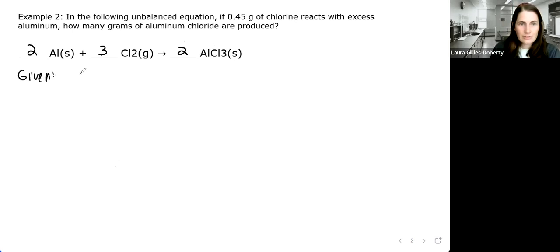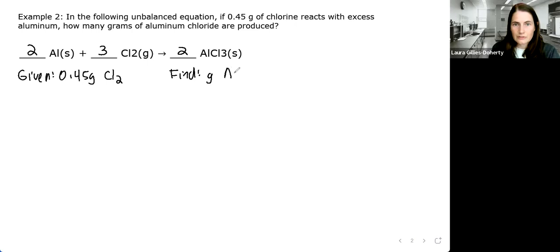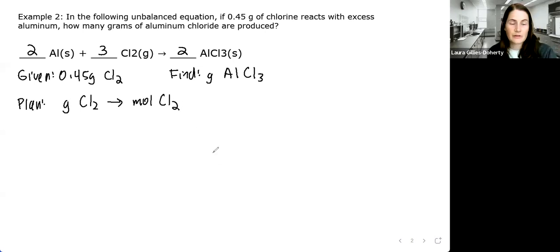So we're given that we have 0.45 grams of chlorine gas, Cl2, and we want to find grams of aluminum chloride. So our plan is to go from grams of chlorine to moles of chlorine, right? You can't do stoichiometry without going through moles.